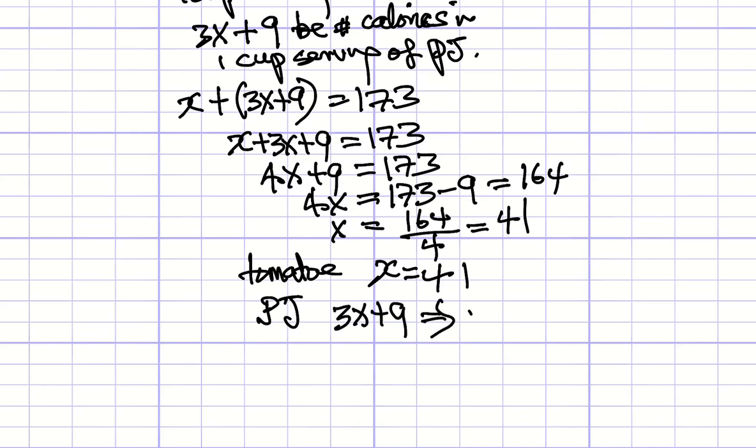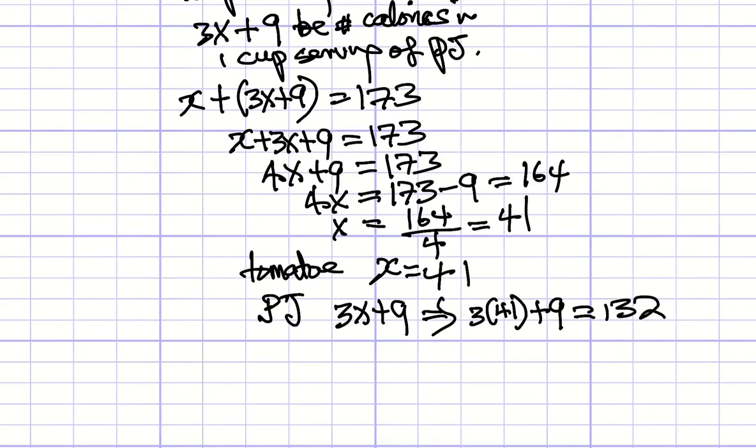That means 3 times 41 plus 9. What is that? So 132, because 3 times 41 is 123, and 123 plus 9 is 132. Yeah, it's 132.